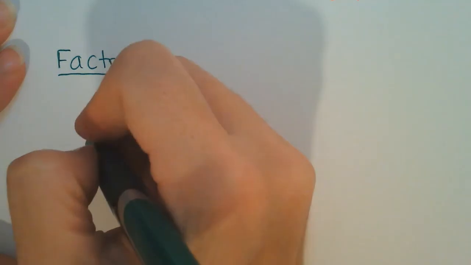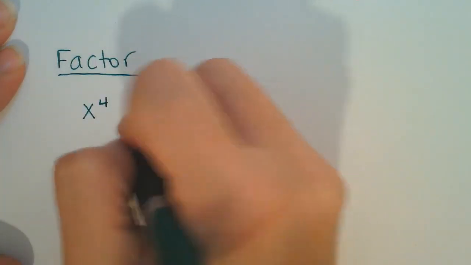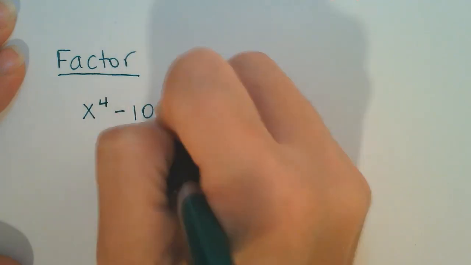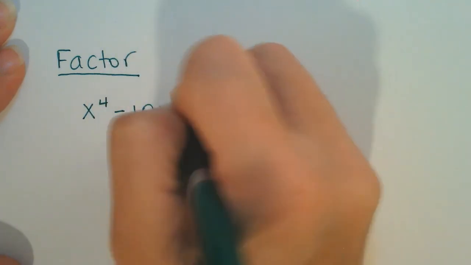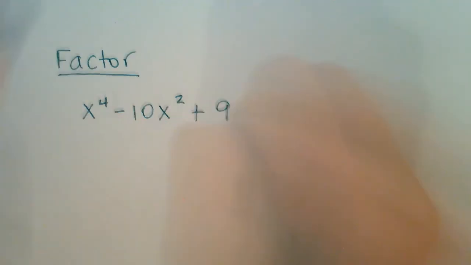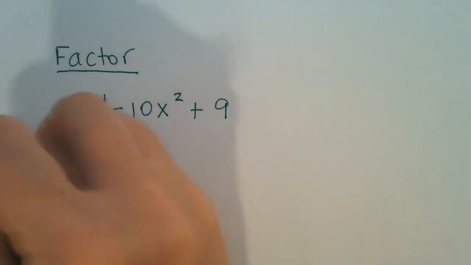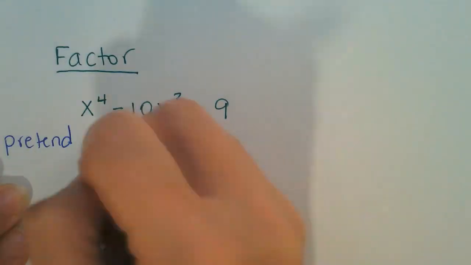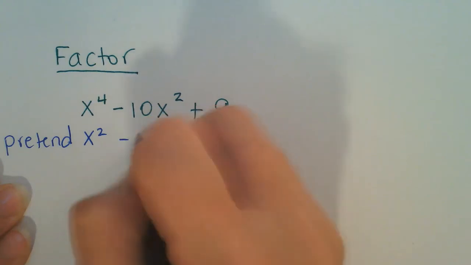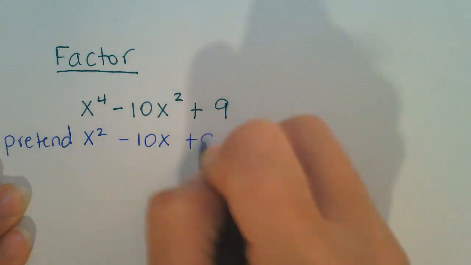So I have x to the 4th minus 10x squared plus 9. I pretend x squared minus 10x plus 9.